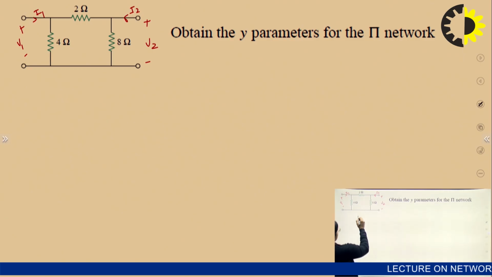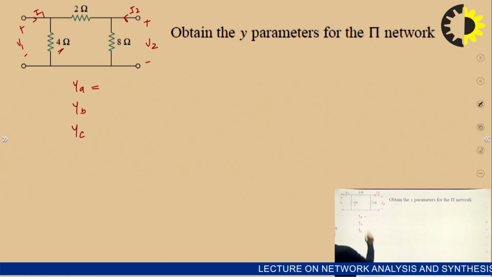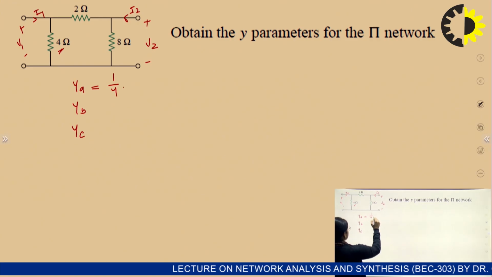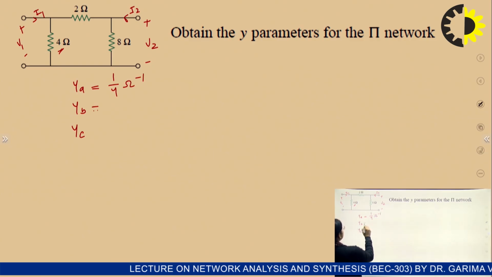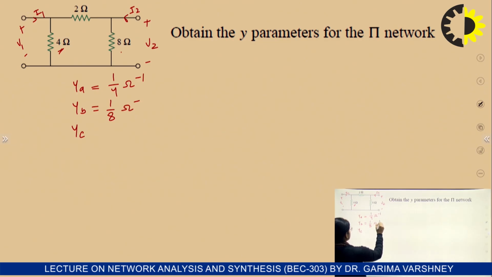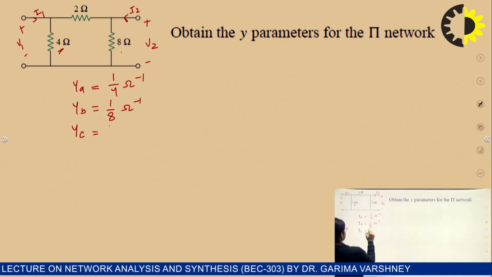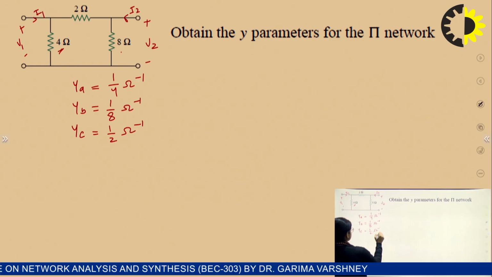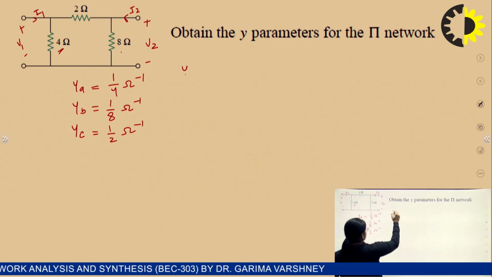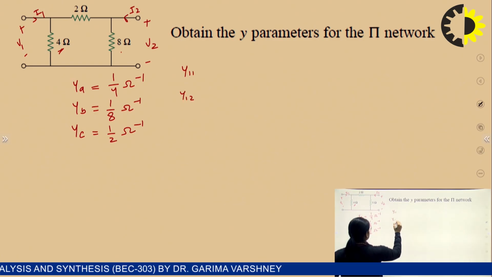So, let us write what is the value of YA, YB and YC. So, YA is equal to the inverse of this impedance. So, 1 by 4 ohm inverse. YB is equal to the inverse of this impedance, 1 by 8 ohm inverse, and YC is equal to 1 by 2 ohm inverse, right?